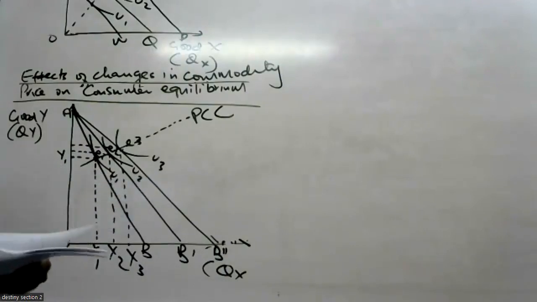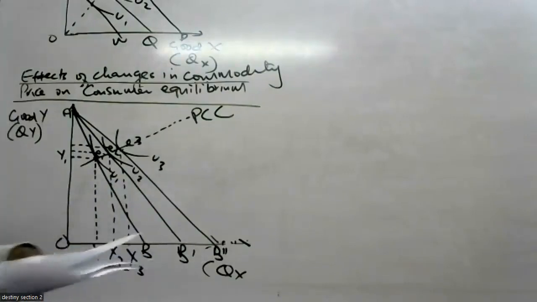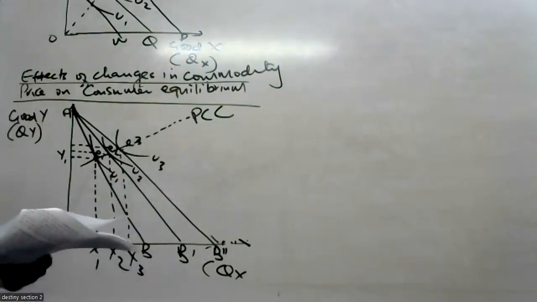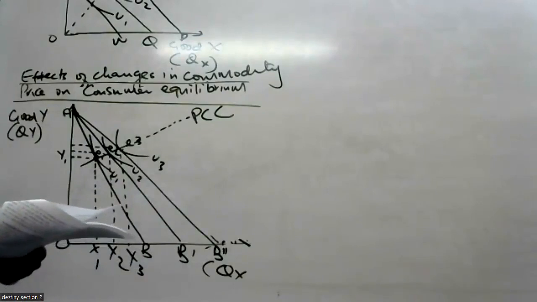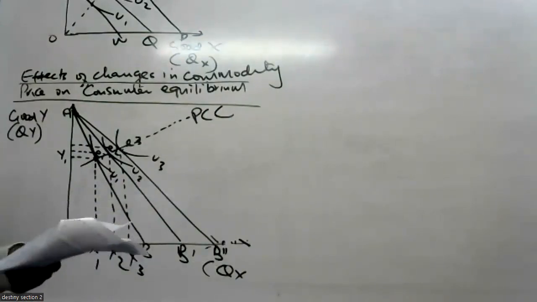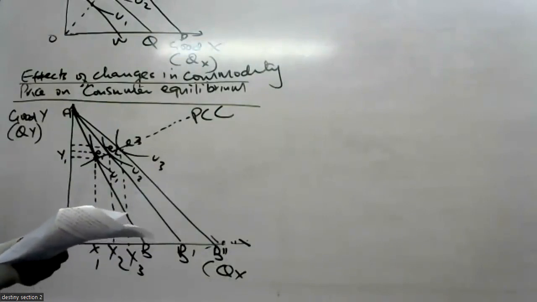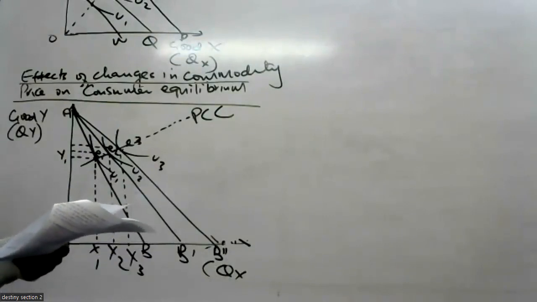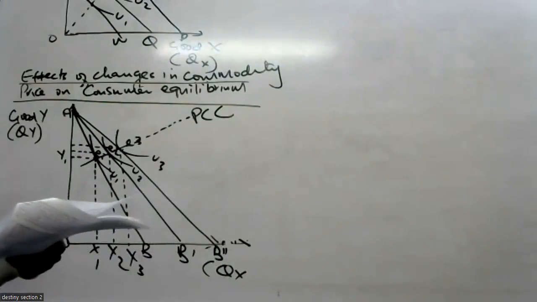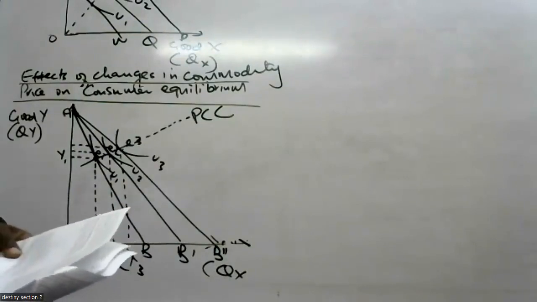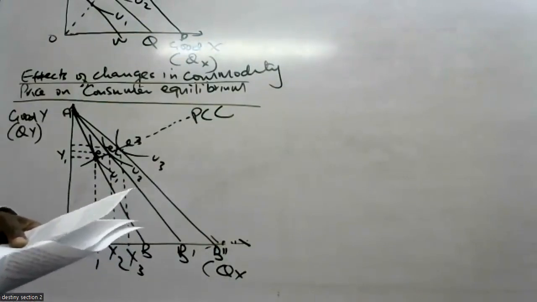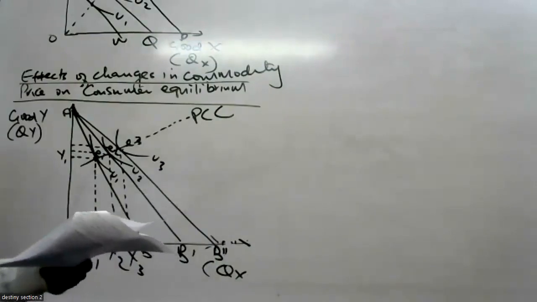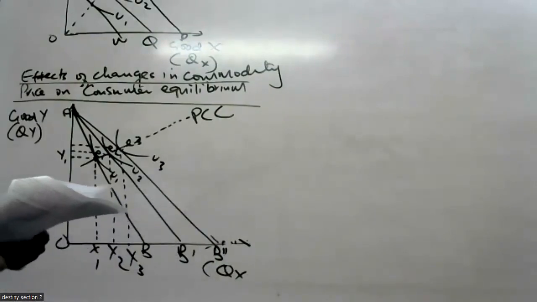The new budget line, AB prime, is tangent to a higher indifference curve U2. The new equilibrium will now occur on the right, showing that as the price of commodity X falls, more of the commodity will be bought.